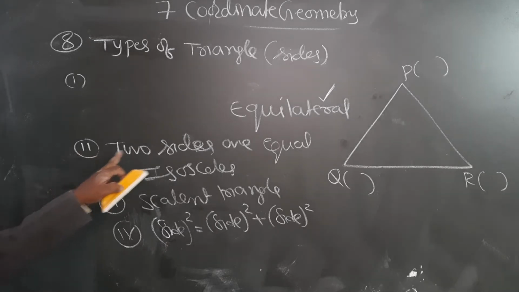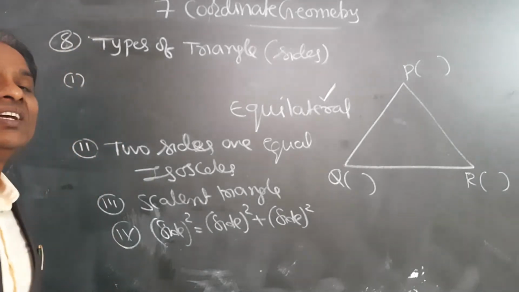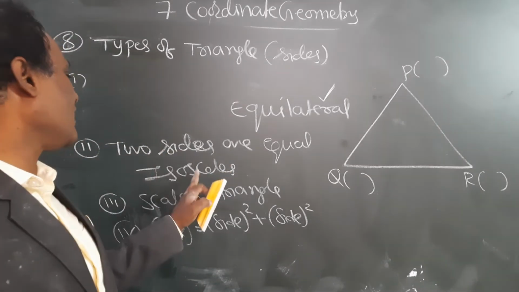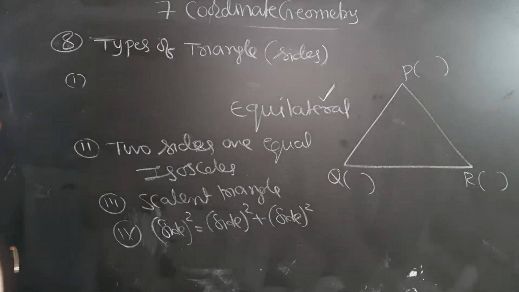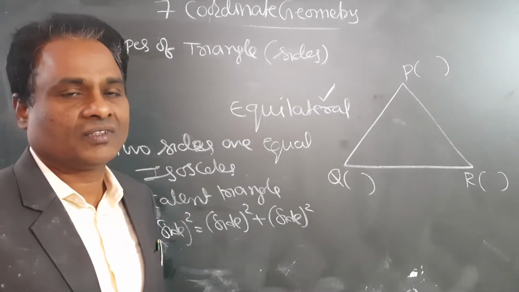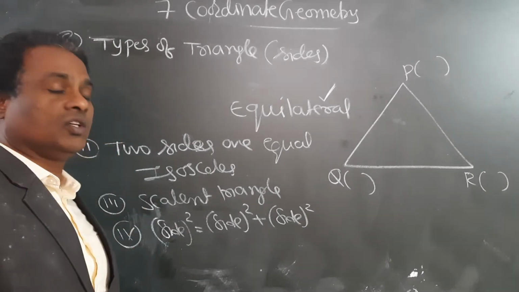Second point. If 2 sides are equal, then it is called an isosceles triangle. Third point.